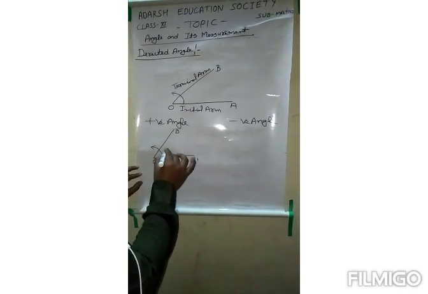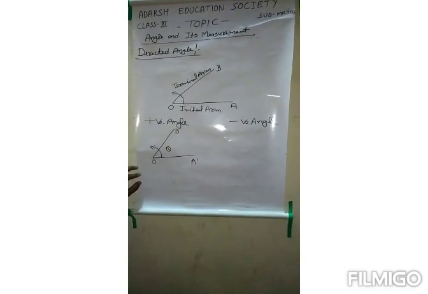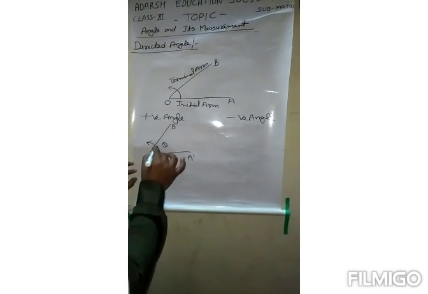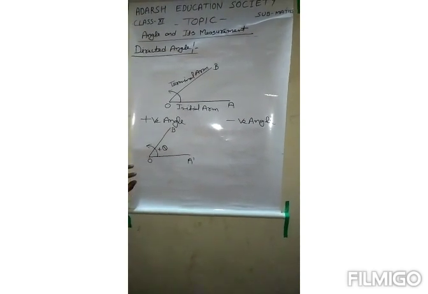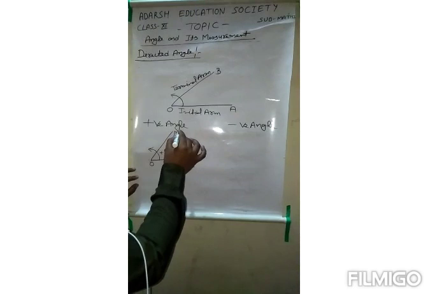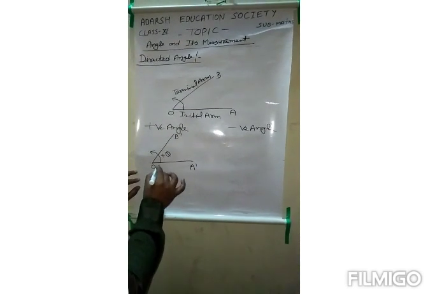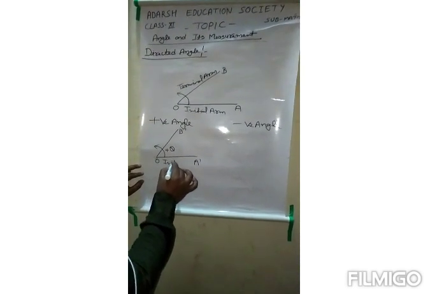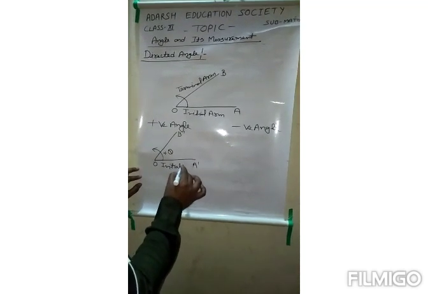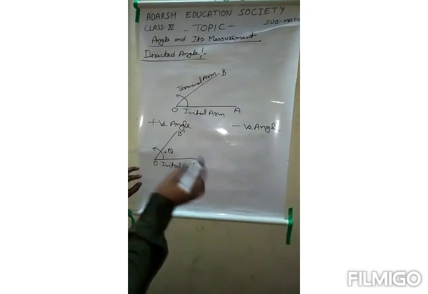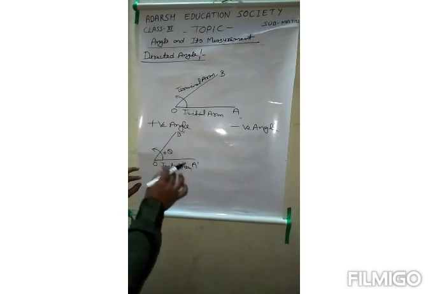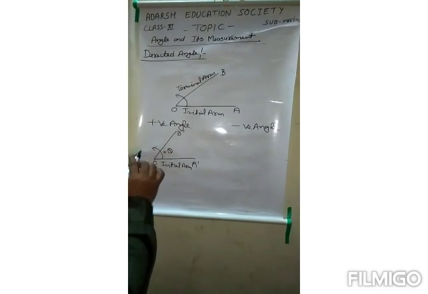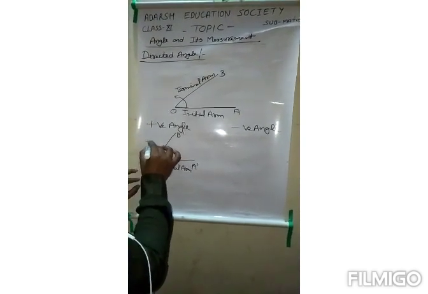Suppose here the measurement of the angle is theta, so we will call theta a positive angle, and OA dash is said to be the initial arm. This is very important. You should understand the initial arm and also the rotational or terminal arm.